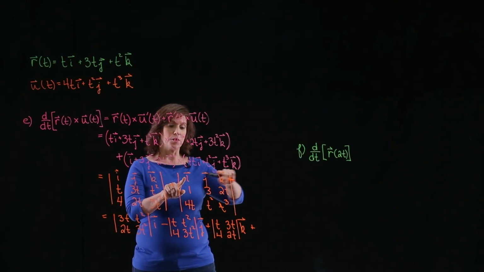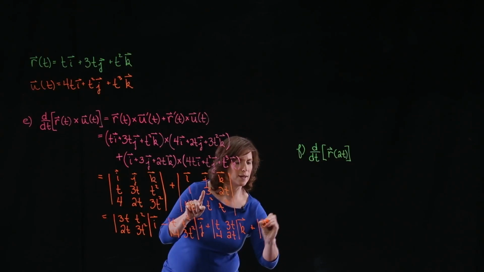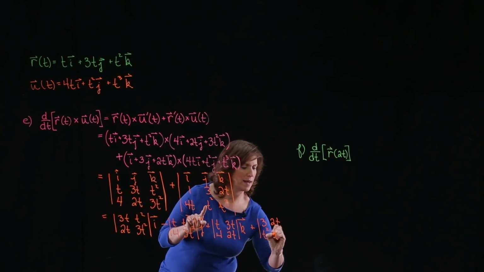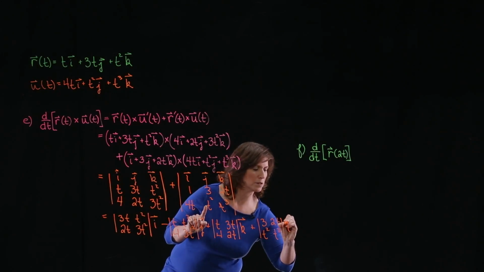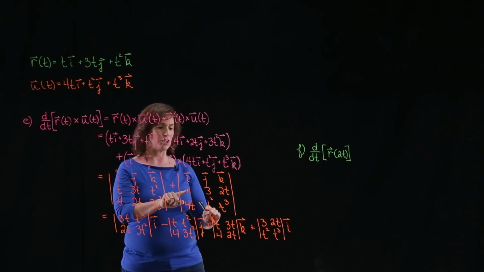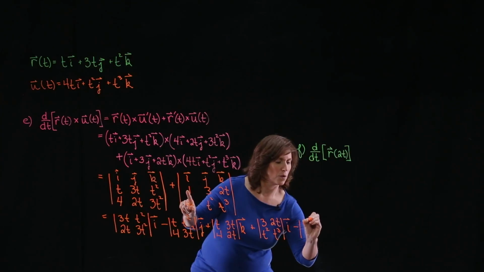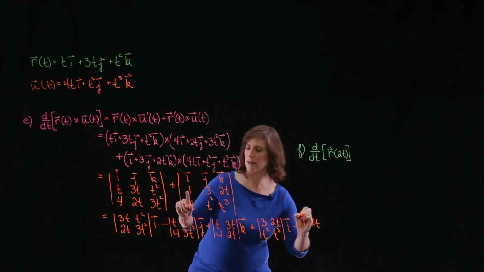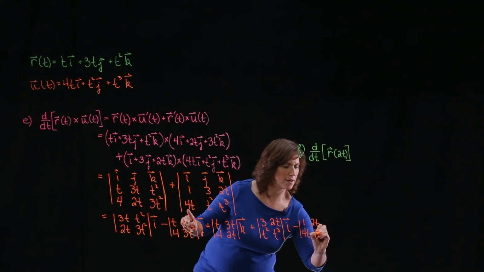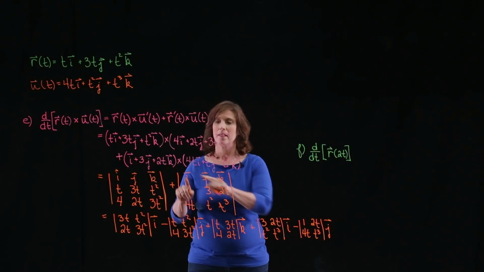So again, eliminating the row with i and the column with i, my determinant is going to look like 3, 2t, t squared, and t cubed. That will be multiplied by vector i. Eliminating the row with j and the column with j, I'm going to subtract the determinant 1 and 2t, 4t, and t cubed, and multiply that by vector j.